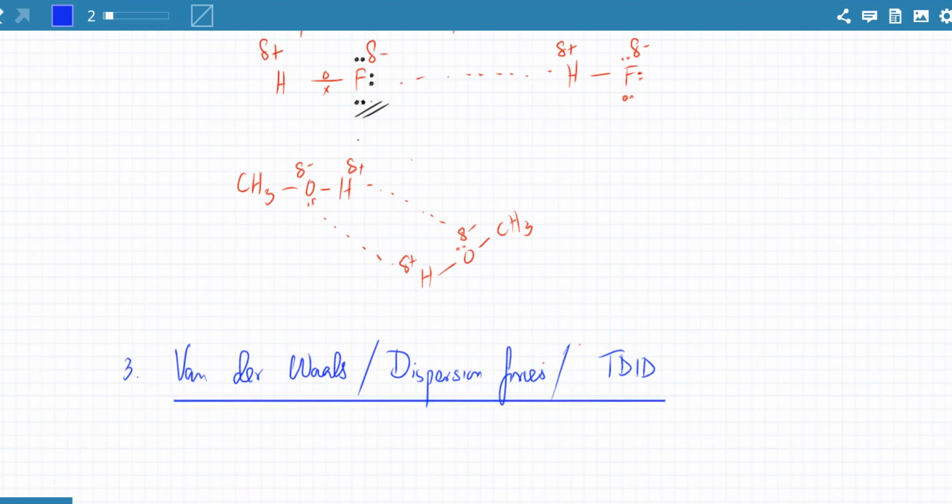Now, what happens in van der Waals forces? I mean, they always exist in all the molecules, even the ones that we studied above. They would still be present, but they're more dominant when there is no other force of attraction present.